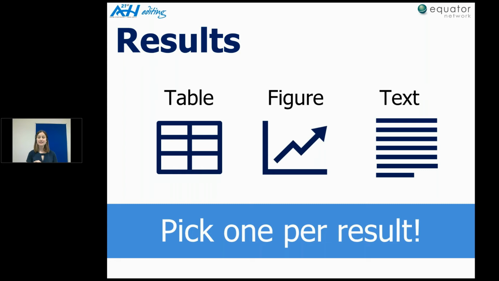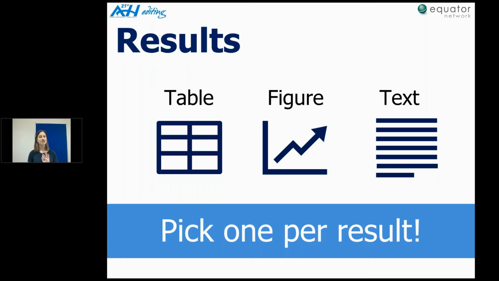Don't repeat every data point in the text. What you can do is draw attention to interesting things. Oh, at time point 1, only this one outcome spiked, but at time point 3, none of them spiked. That's interesting to write into the text to draw attention, but you don't want to repeat every single data point. If it's in the table, fantastic, doesn't need to be repeated in the text.